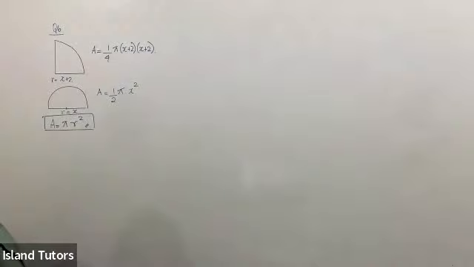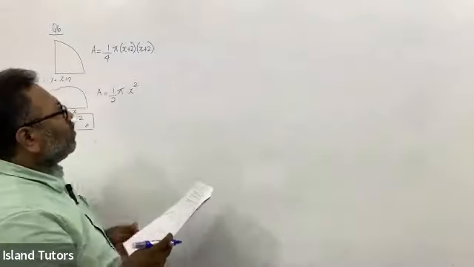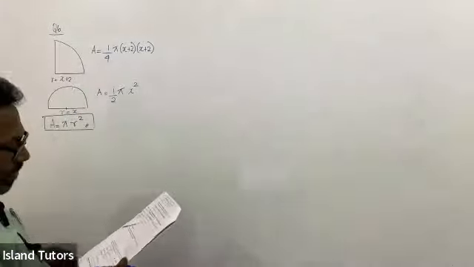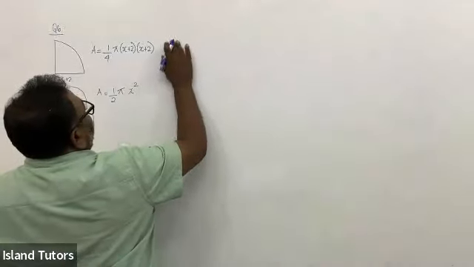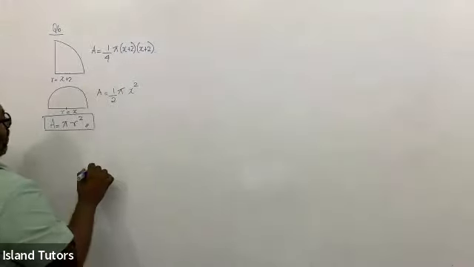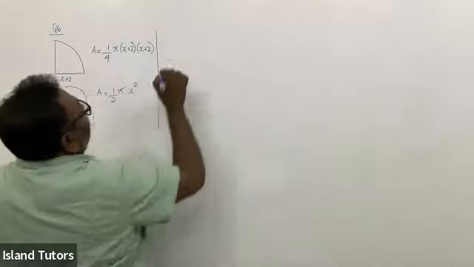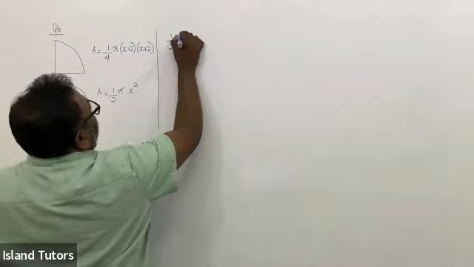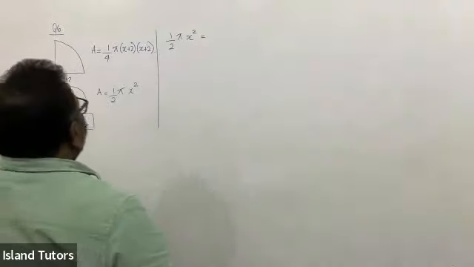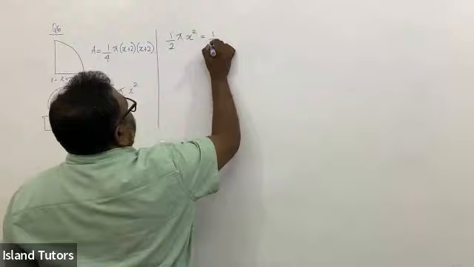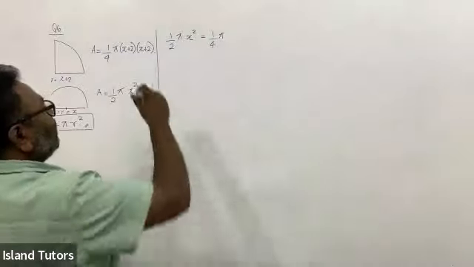Then they are saying the areas of these two figures are the same. The areas are same means half pi x squared is equal to quarter pi. I'm going to simplify this.